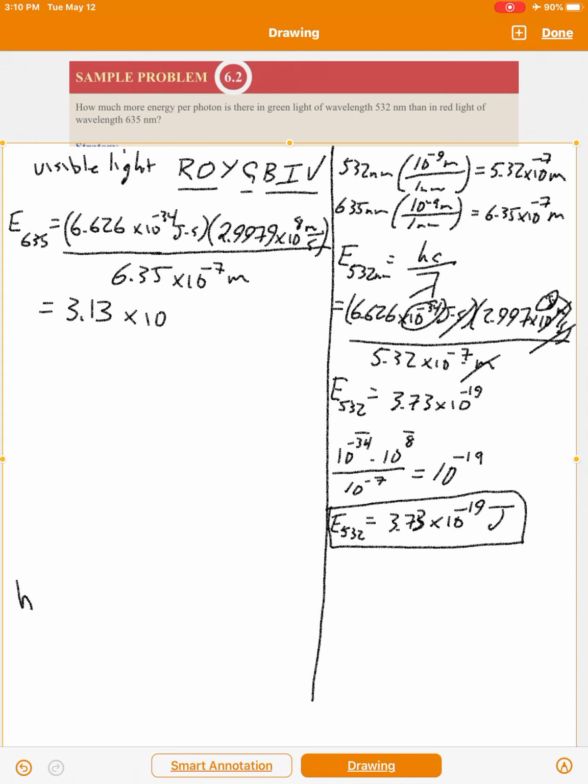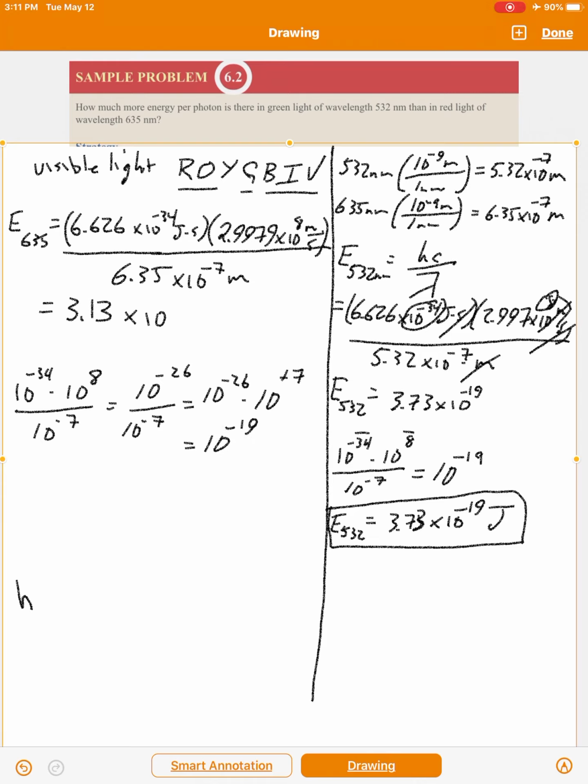Now let's do the powers of 10. We have 10 to the minus 34 times 10 to the 8th over 10 to the minus 7, which are actually the same numbers we had in the previous problem, so we should get the same answer. This would be 10 to the minus 26 over 10 to the minus 7, which is 10 to the minus 26 times 10 to the plus 7.